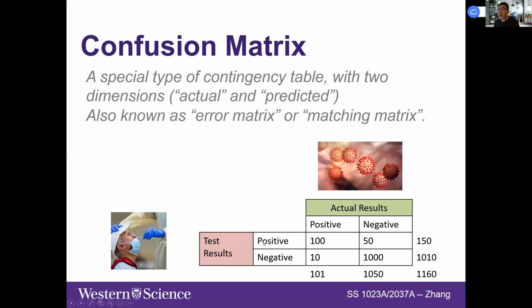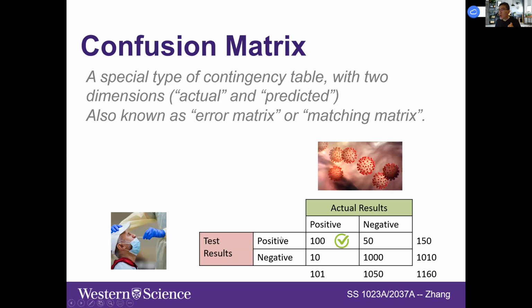They are both positive and negative. Although the categories are the same, you need to understand their meaning is different. This positive refers to the positive in the test results, and this positive refers to the actual results. So we can collect the data and record how many times each combination appeared, and we express this in the 2 by 2 table.